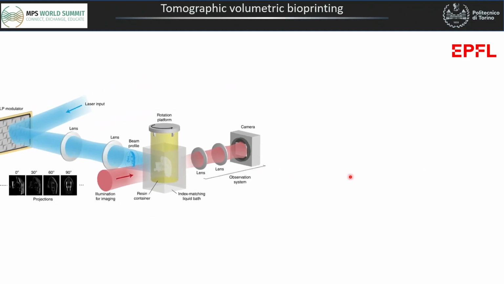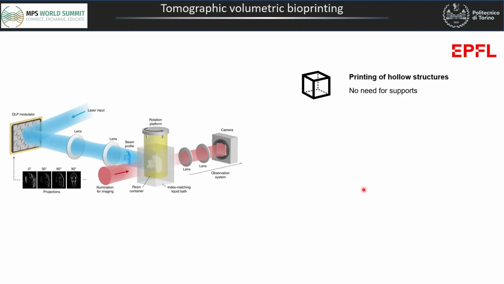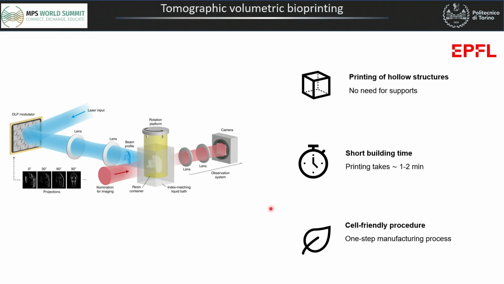This technique permits printing hollow structures without the need for support and in a very short building time. Moreover, volumetric bioprinting represents a cell-friendly procedure, as the one-step manufacturing process reduces the stress experienced by cells.